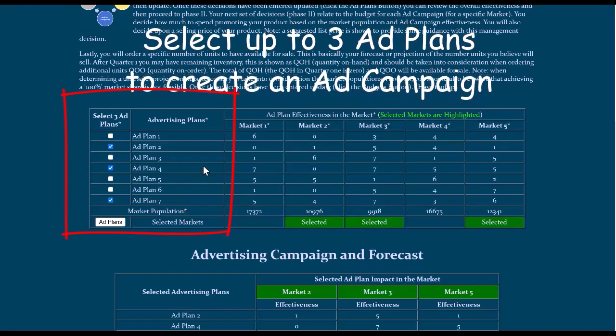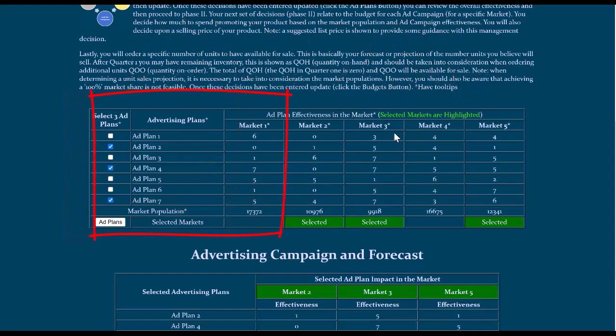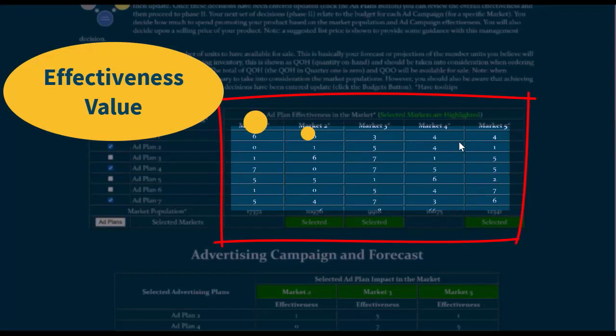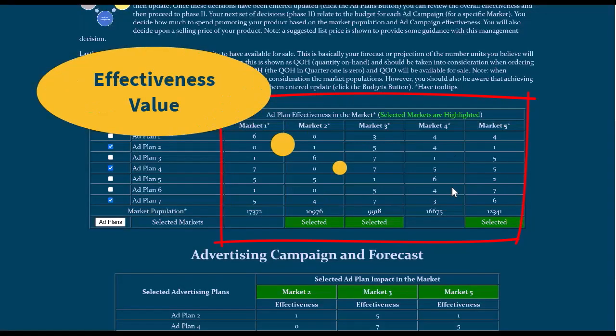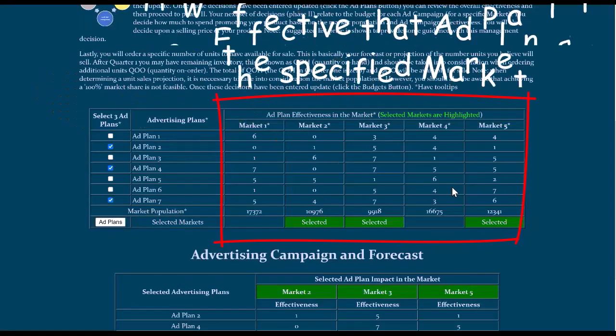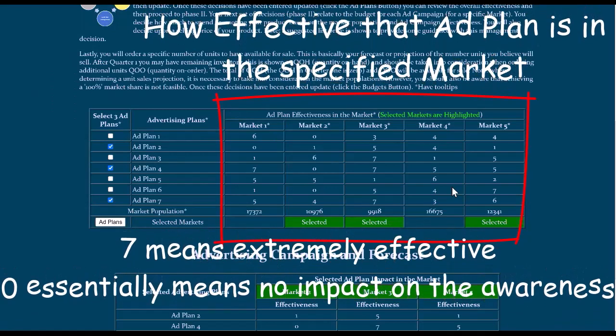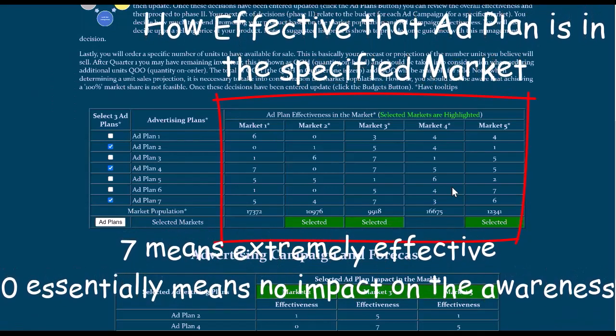Now, the ad plan is composed of what is called an effectiveness ratio or effectiveness rate or effectiveness value. This measure tells us how effective that particular ad plan or medium is in the designated market.